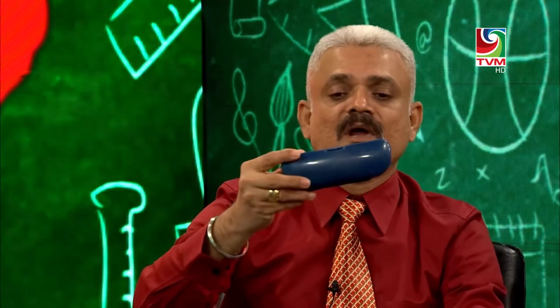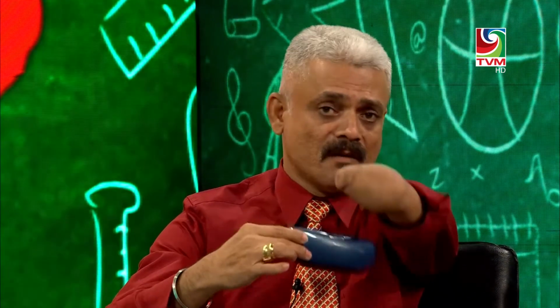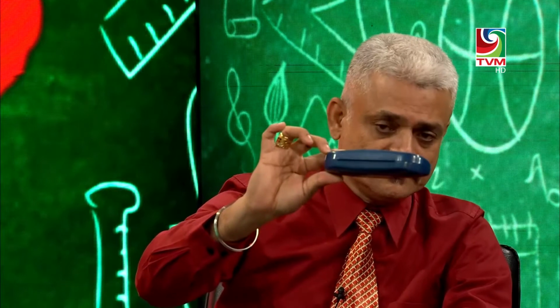Let me take this spectacle case and imagine it as a printer drum. Once the data is ready to be printed, this printer drum is given a complete positive charge. You can't see it, but it is completely given.